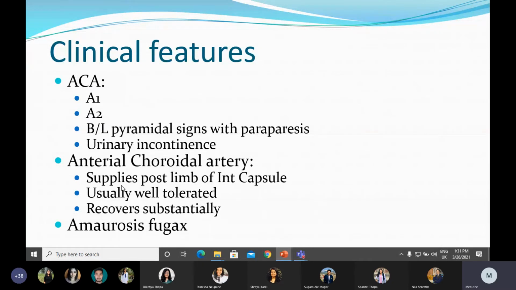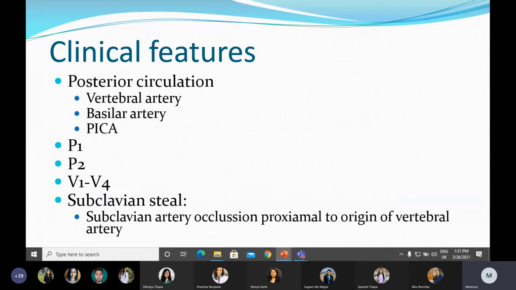The anterior cerebral can supply some part of the internal capsule, so they may have bilateral pyramidal signs with paraparesis, and another feature is that they will have urinary incontinence with behavioral changes because of the involvement of the frontal lobe.